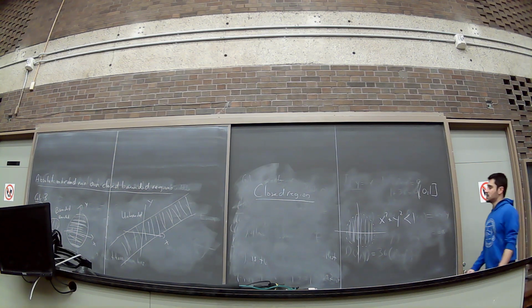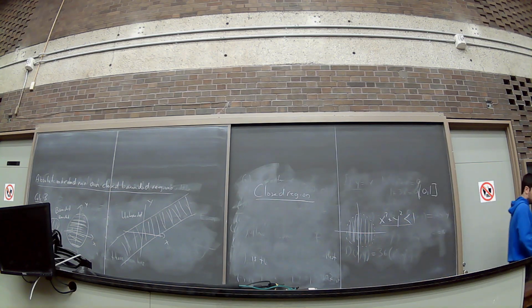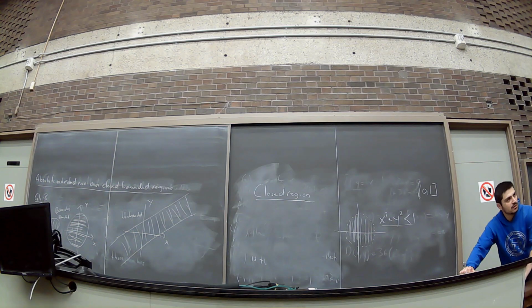Now, let's work with this. I have a rectangle here, right? Well, this is the inside of a rectangle, and this is my boundary. Suppose that I consider the region without these boundaries. So I'm not allowed to cross the boundary.